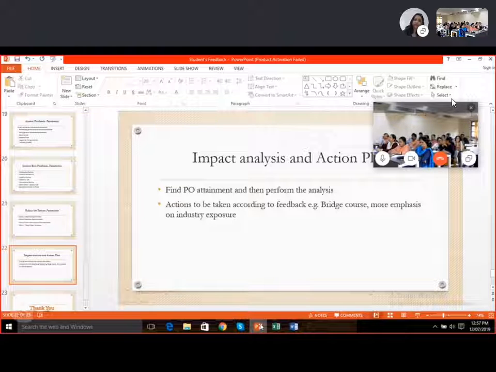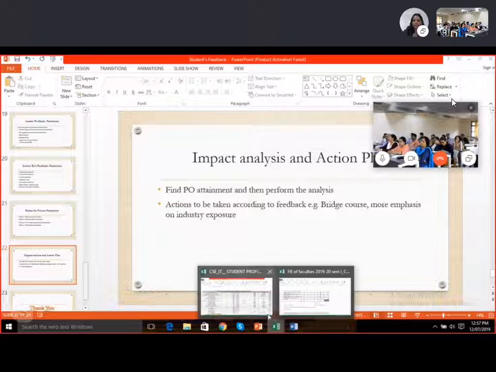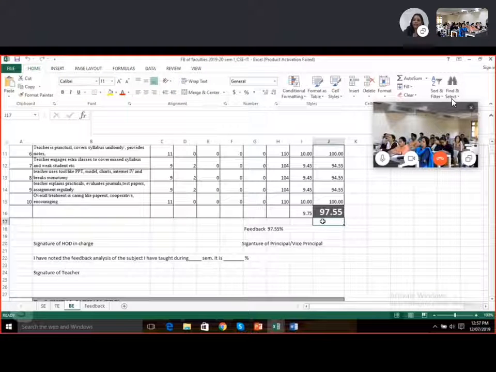Now the impact analysis. As I said, the PO attainment should be done with the feedback, and direct and indirect attainment should be done. Direct attainment will be from student feedback and indirect attainment will be from the various feedbacks which I have shared. After that we used to have the analysis, which will be shared with our faculties.